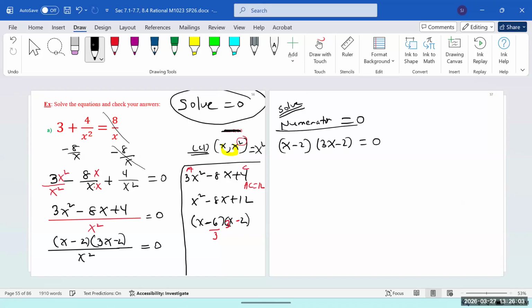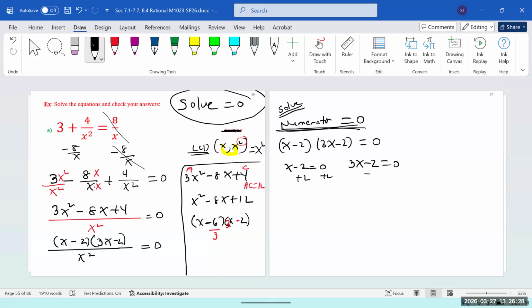We set it equals to 0. And this is same as what you did in chapter 6. What do you do after that? But before that, you have to set them individually to the 0. 3x minus 2, 0. And then we solve them individually.